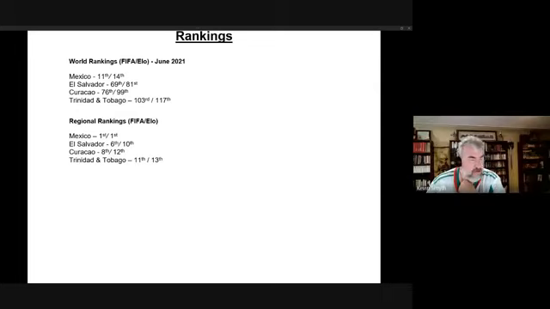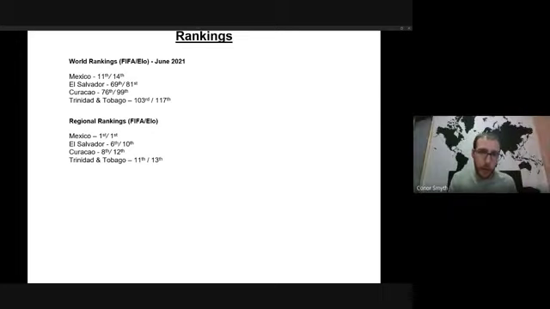Let's move on to El Salvador. El Salvador are 69th according to FIFA rankings and 81st according to ELO. They've risen quite a bit in the past 5 years, rising from 137th and 111th, respectively, in December 2016. Over the past 10 years, again, generally, they've been between 70th and 100th in FIFA and between 80th and 100th in ELO.